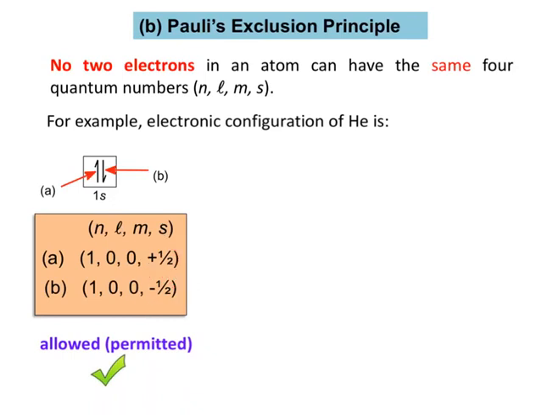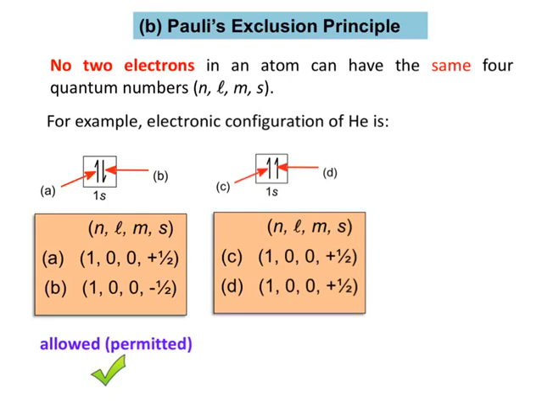principle. Let's say 2 electrons occupy the 1s orbital in this arrangement. C electron and D electron have the same electron spin, rotation. If the electron spin quantum number for C electron is positive half, D electron is also positive half. C electron and D electron have the same 4 quantum numbers, which are 1, 0, 0, positive half.